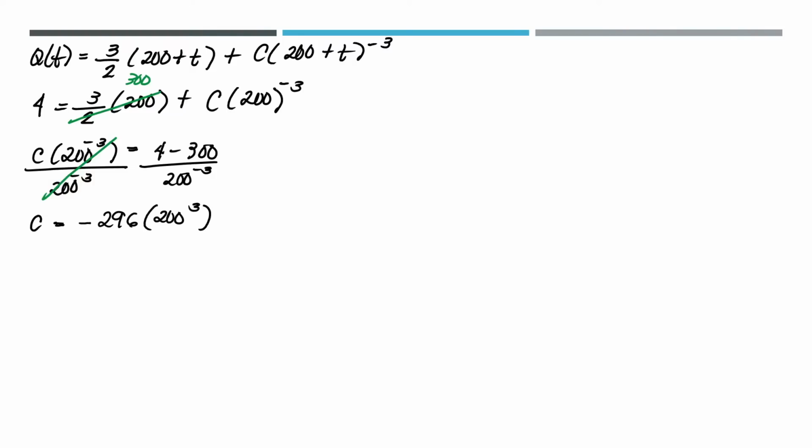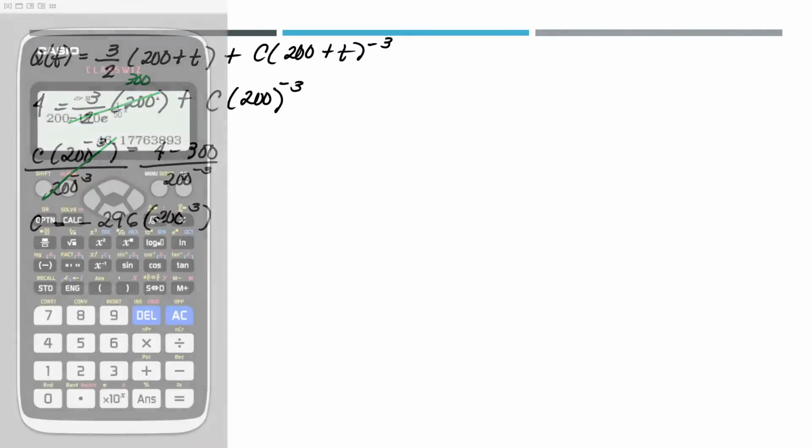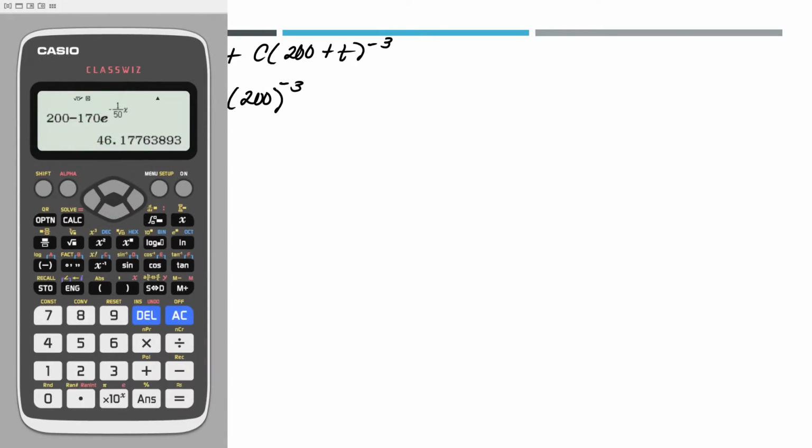Or, if you're going to use the calculator, no, so we have negative 296 times 200 cube, shift squared para lumabas yung cube. So, this is, ayan, no, negative 2368 0000, or simply 2.368 times 10 raised to 9, no?